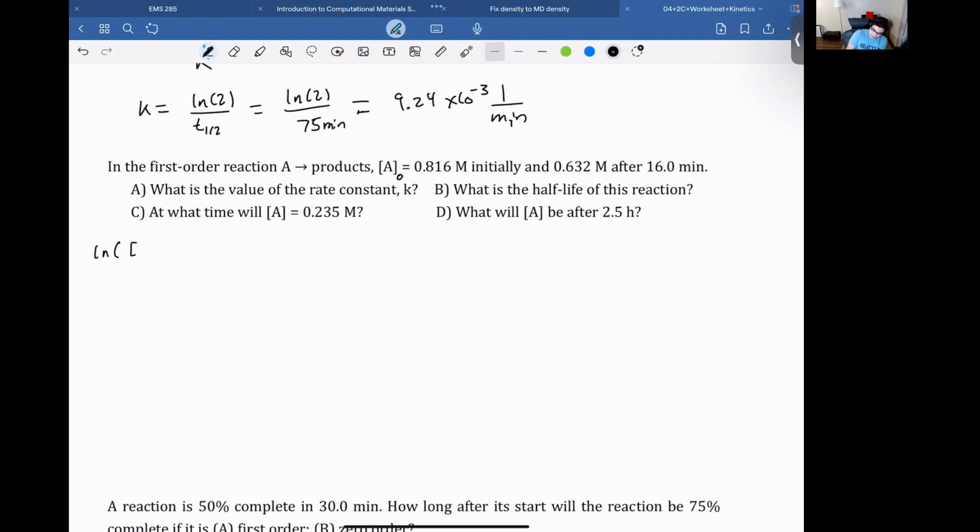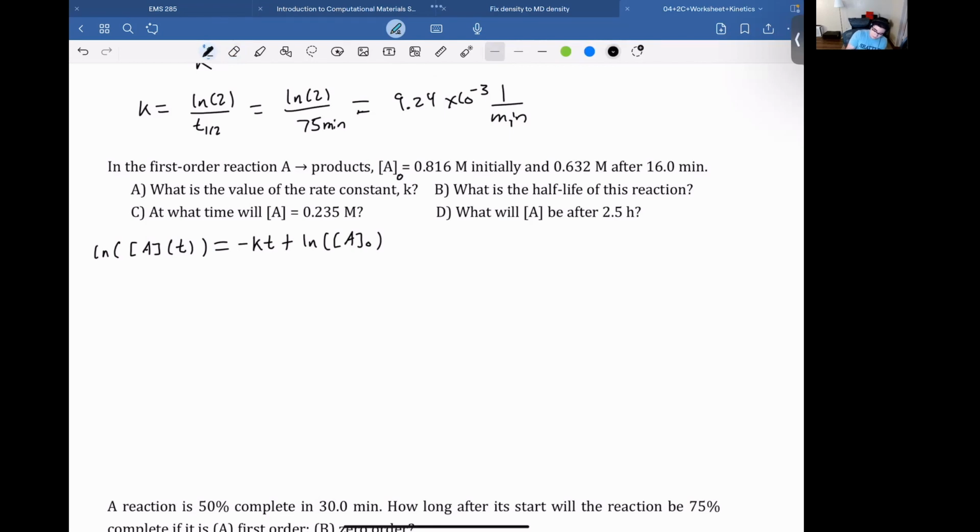So this is the ln of the concentration of A, and you can think of this as a function of time. It is okay to write it like this, is equal to -K t plus ln of the initial concentration of A, like that.